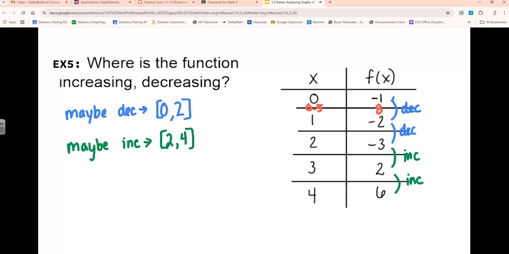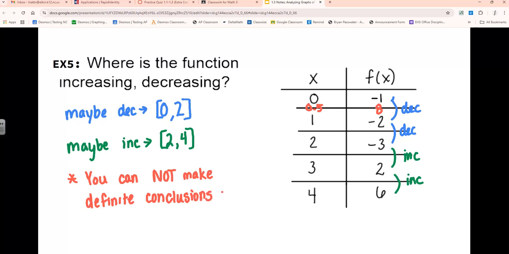So make yourself a note right here. You cannot make definite conclusions from a table.